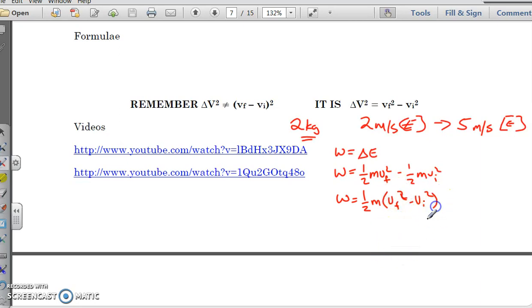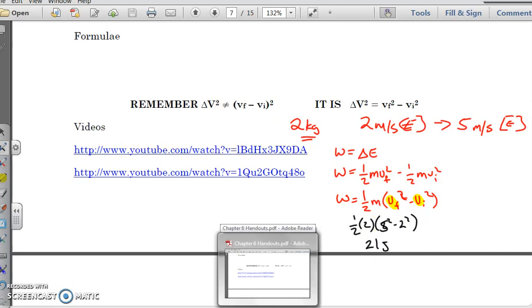A lot of times people are tempted just to subtract the Vf from the Vi and then square it. But that is not what's actually happening. The proper way to do this would be 1/2 times 2 times 5 squared minus 2 squared, which gets you a total of 21 joules, as we saw before.